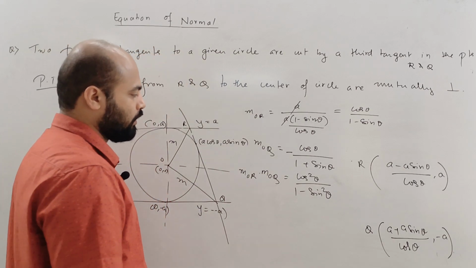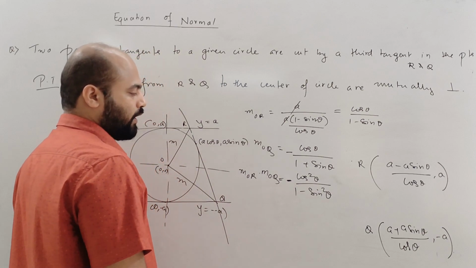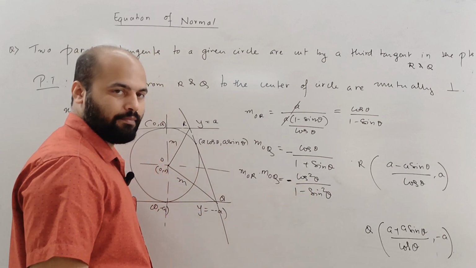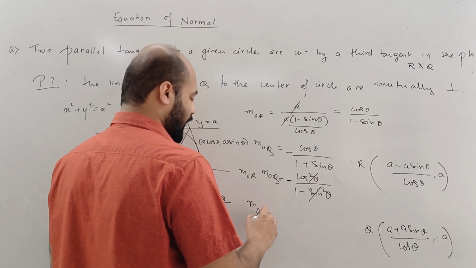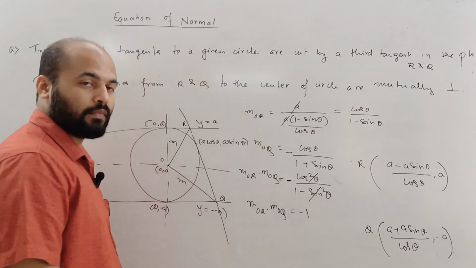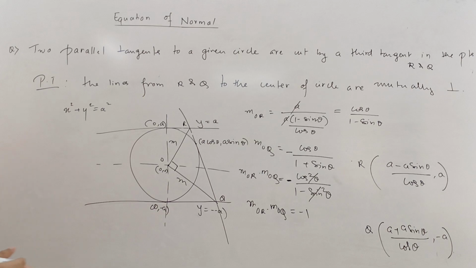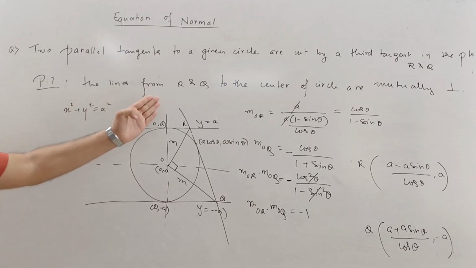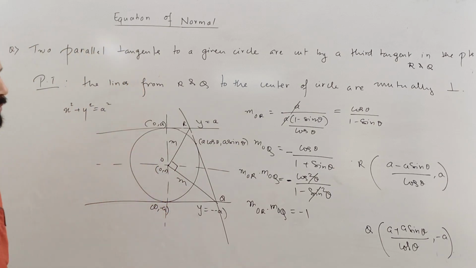So while multiplying, we are going to have a negative sign. Now you know that cos square theta and 1 minus sin square theta are the same, so we can cancel it out and we get M of OR into M of OQ as minus 1, which proves that these two lines are perpendicular. That's what was asked: prove that the lines from R and Q to the center of the circle are mutually perpendicular. Hence proved.